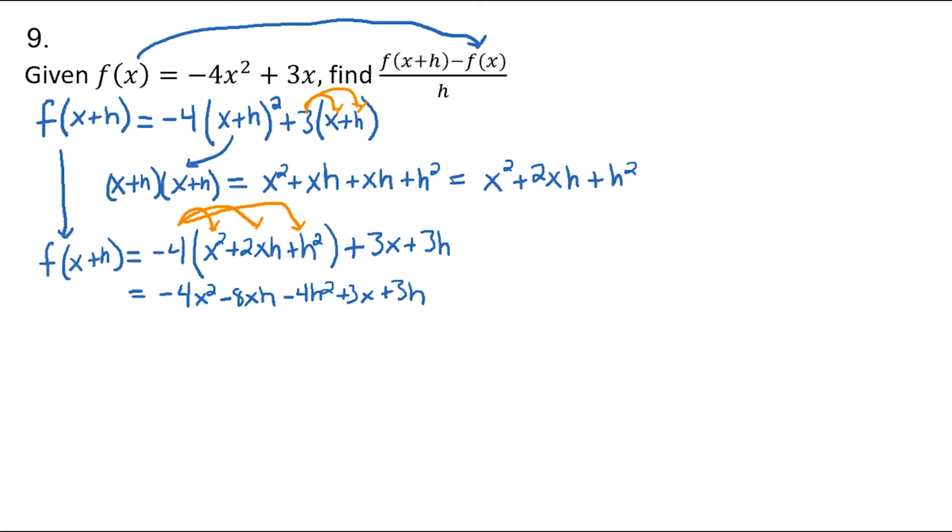Okay, so now all of this is my f of x plus h, and I'm going to be subtracting f of x. And what is f of x? It is negative 4x squared plus 3x.